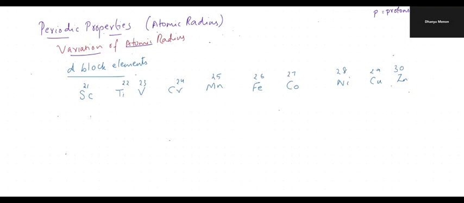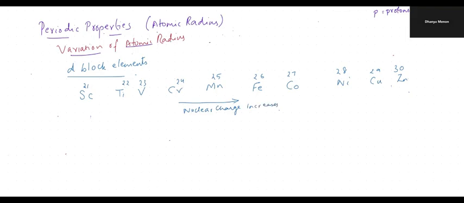Now, this is a period, and in reality, what should happen? The radius must decrease along the period from left to right because the nuclear charge increases, so the size must decrease.